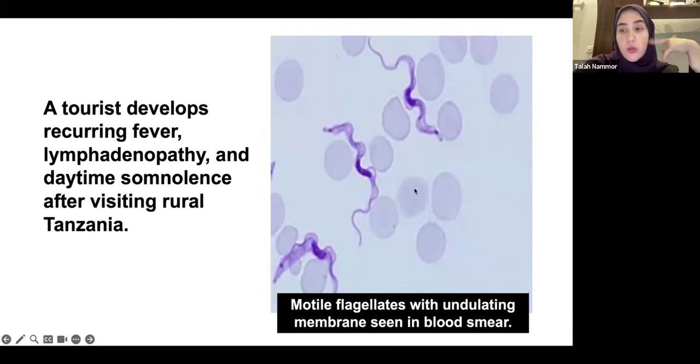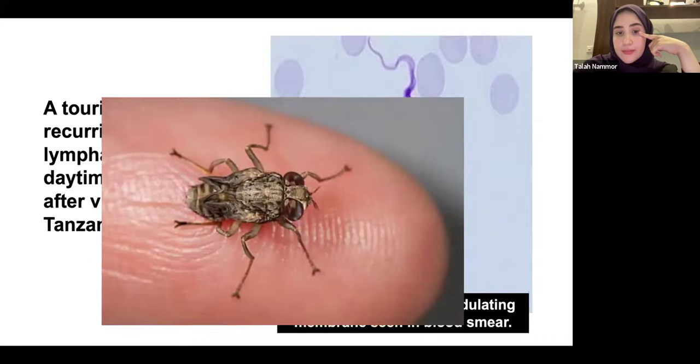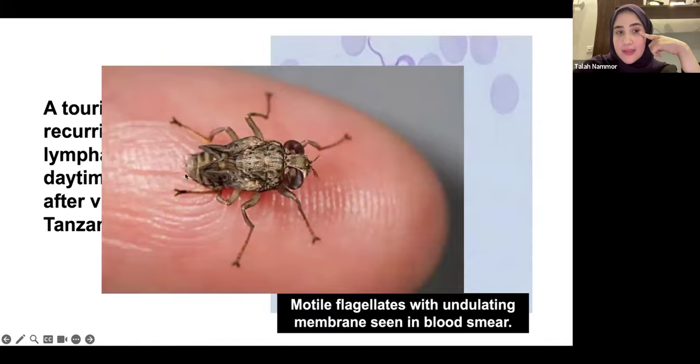Because this causes what disease? Sleeping sickness. And sleeping sickness is caused by which bug? What's the vector? It's this tick. No, not a tick, sorry, tsetse fly.